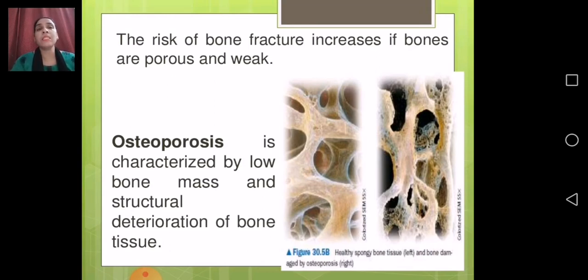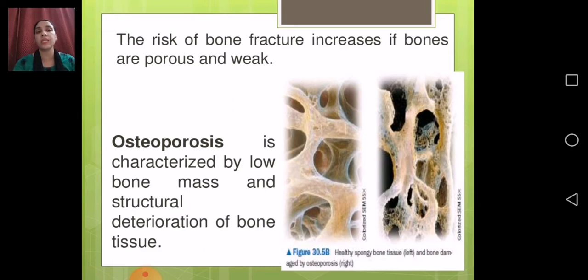Normally it happens with age, or with a deficiency disease. If somebody is suffering from a deficiency of vitamin D, which is very important for our bones, then the risk of bone fracture will increase.